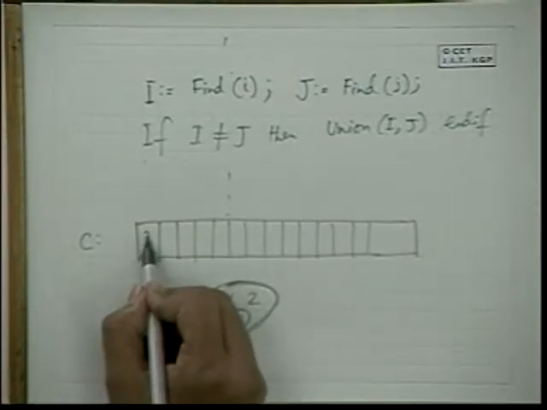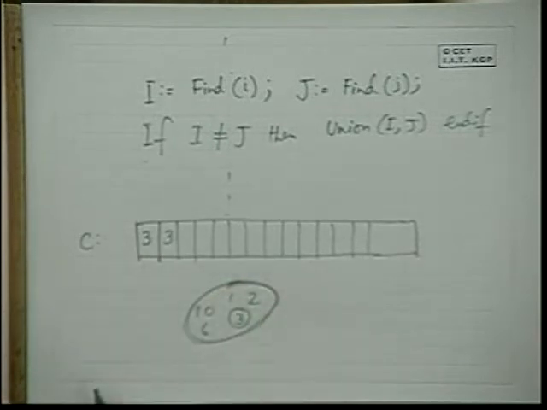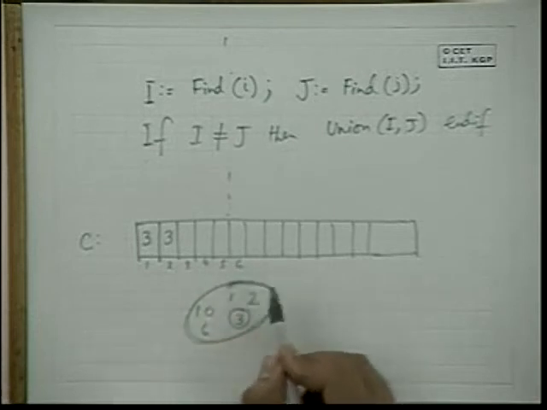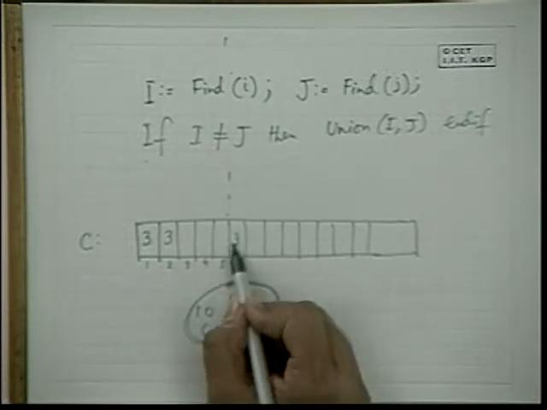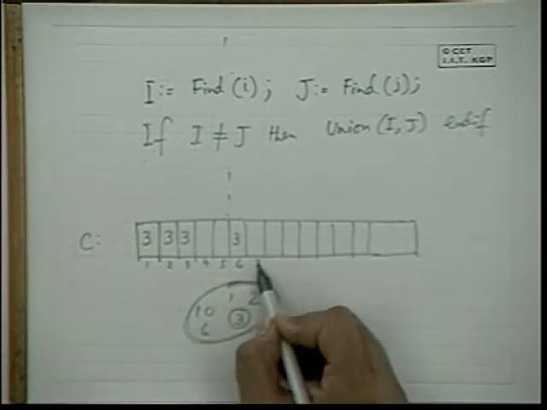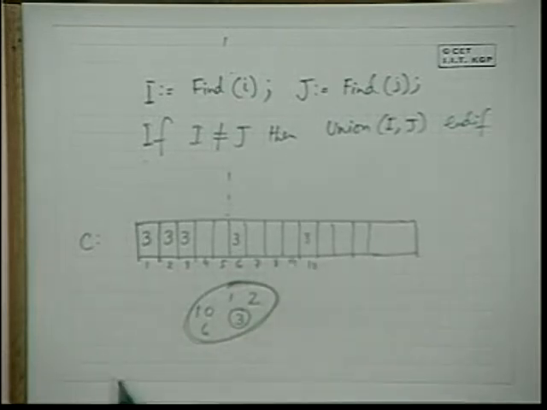So C1 will contain 3. 2 also, C2 will contain 3. Then 6 again contains the name 3. Then C3 again contains 3. Then we have 6, 7, 8, 9, 10. 10 will again have 3.